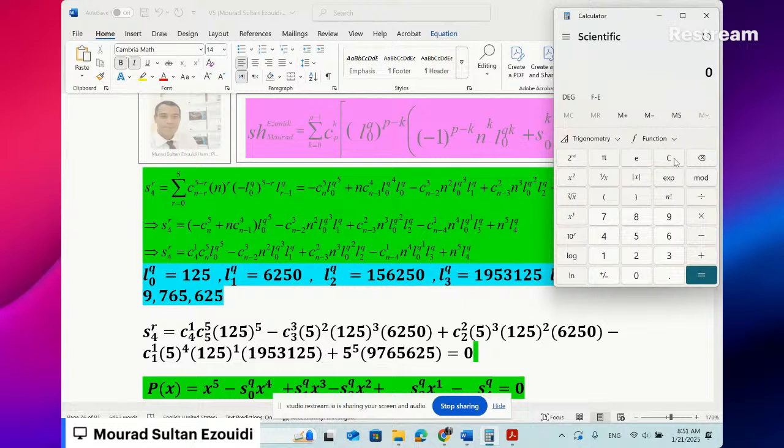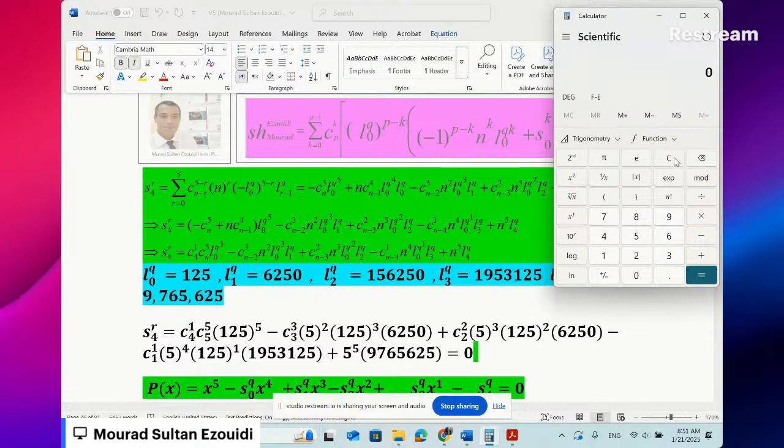Again, 10 multiplied by 25 raised to the power 3, correct.